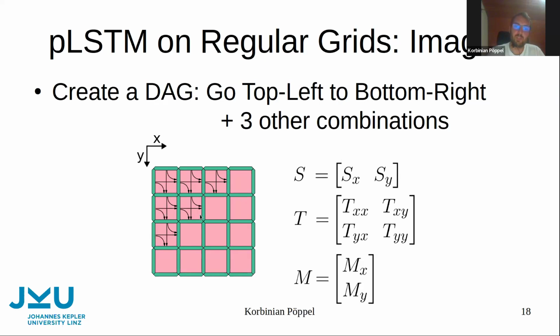For a mark, it would be similar: for this term here, the mark would be the incoming edge, so the X edge would be the left one, and the Y edge would be the top one. For the transition, XX means going from left to right, and YY would mean going from top to bottom. And you also have these off-diagonal terms, with XY going from left to bottom and YX going from top to right.